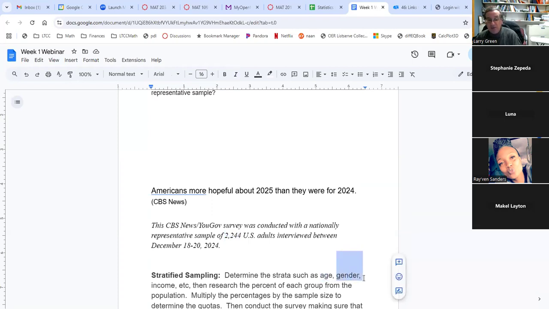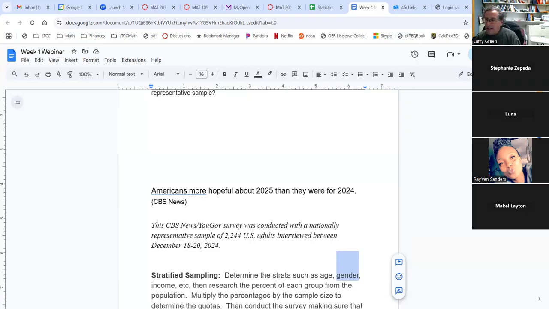Another might be gender. And then you're going to say, well, of Americans, what percent of Americans are male? What percentage of Americans are female? And what percentage of Americans are other? And then you do the same thing. You research, you find out the percents, you multiply the percent by the sample size that you want, and that is going to be your quota for each of those genders.